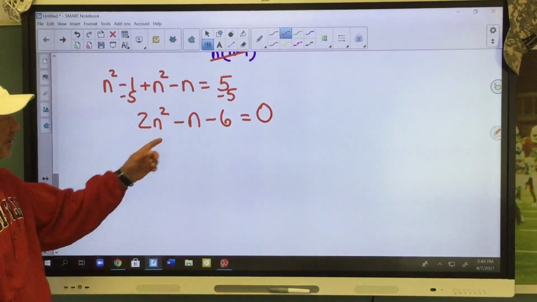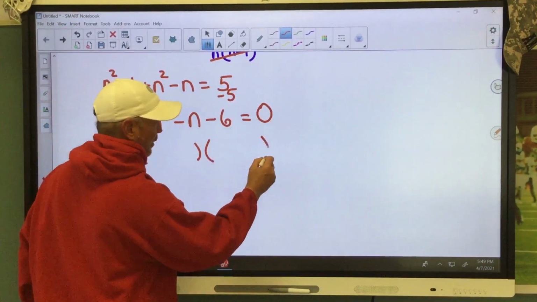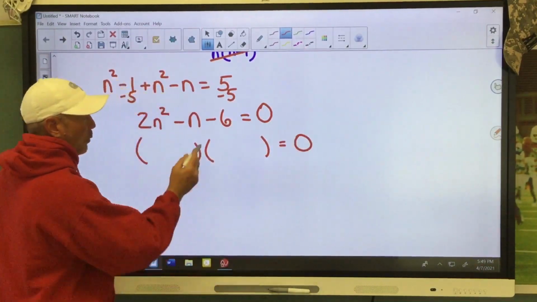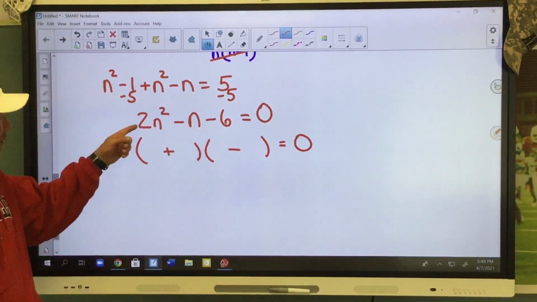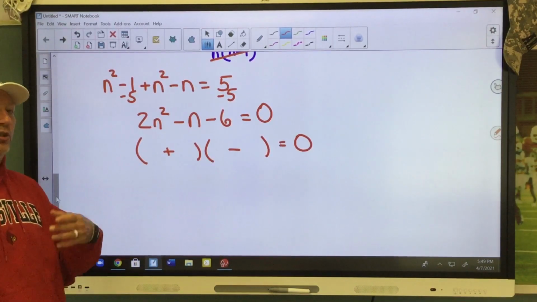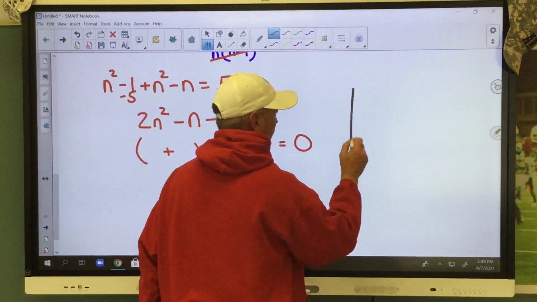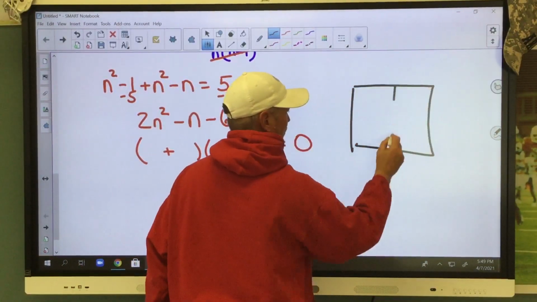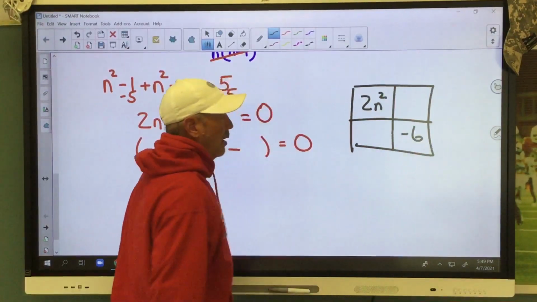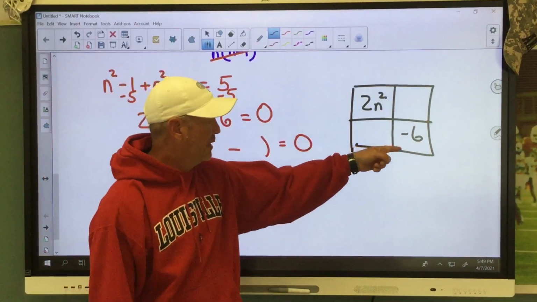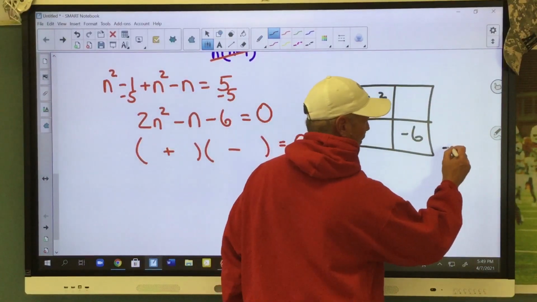So I'm going to factor this into two parentheses. We know that my signs are going to be different. And because I have a coefficient of 2, I'm going to use the box method. You can use the grouping method, but we're going to factor over here. Okay? We're going to multiply 2 times negative 6. 2 times negative 6 is a negative 12.